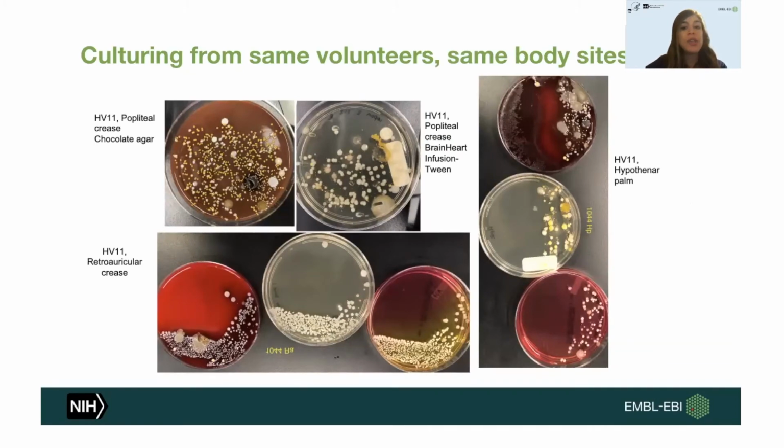In addition to these metagenomic analyses, Clay had cultured from body sites of seven of these healthy volunteers. These were all done with varying lipid and oxygen levels to increase the diversity of microbes that could be cultured.